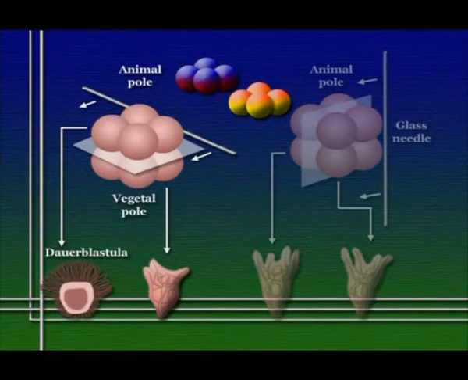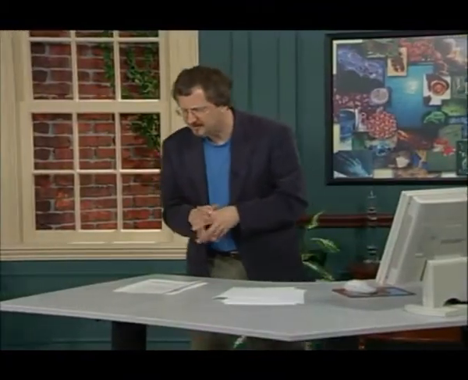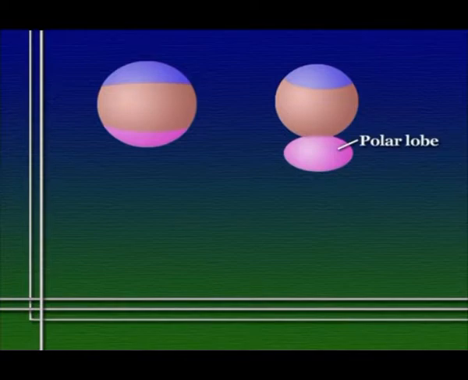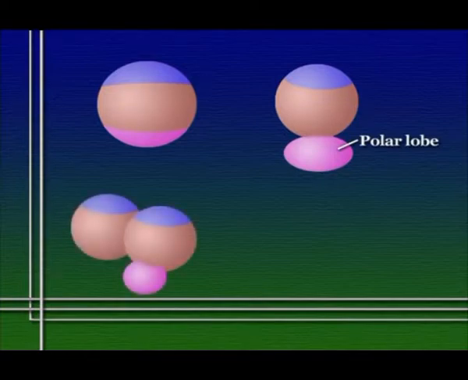Mollusks, which are kinds of shellfish, provide another example of how cytoplasmic maternal determinants can affect development. In this case, before the very first division of cleavage, a protuberance comes out of the cell called the polar lobe. This appears on one side of the zygote, and then the cell divides with only one cell carrying the polar lobe with it.